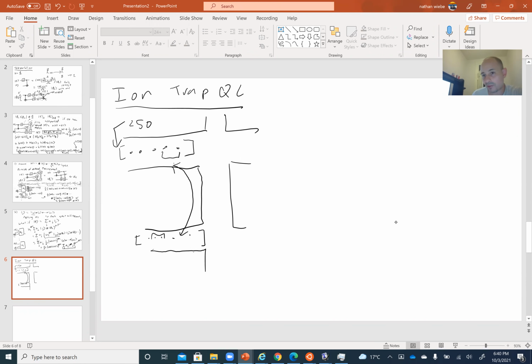Practically, they use light and entangled light to perform teleportation between these two without ever having to physically move the ions around, because if we move them, there ends up being a large amount of motional heating.